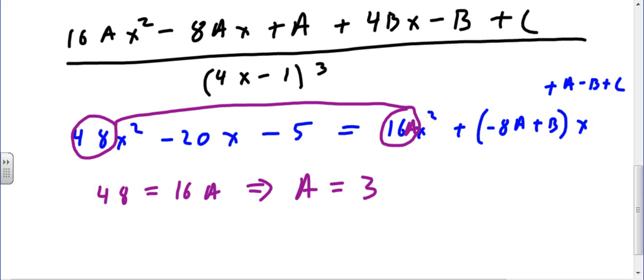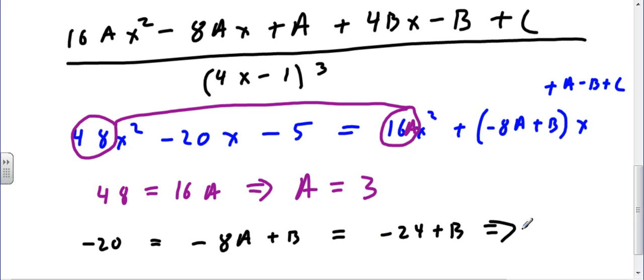All right, so I got that one. And then minus 20 has to equal minus 8a plus b. And I already know that a is 3, so minus 24 plus b, implying that b has to be 4.